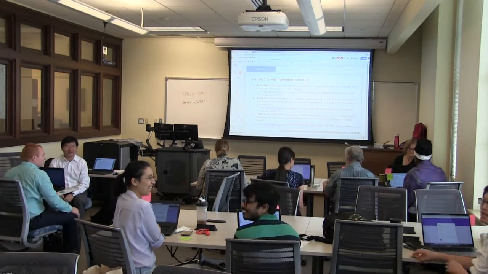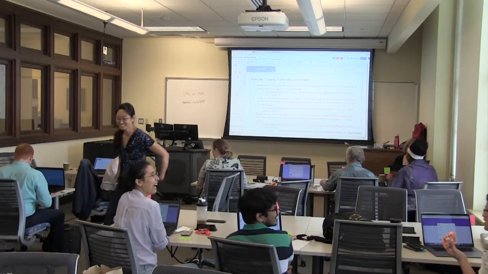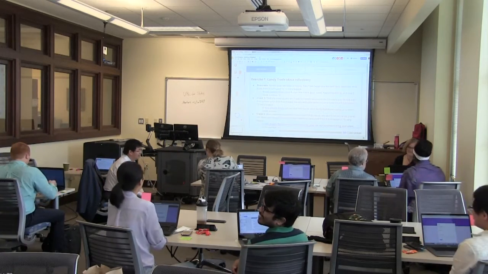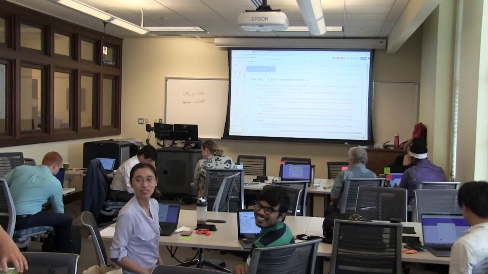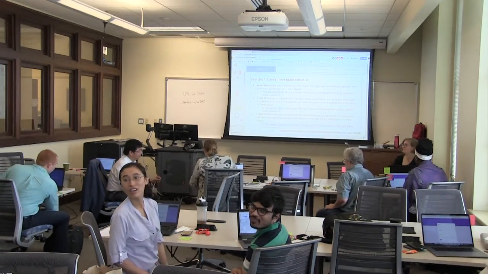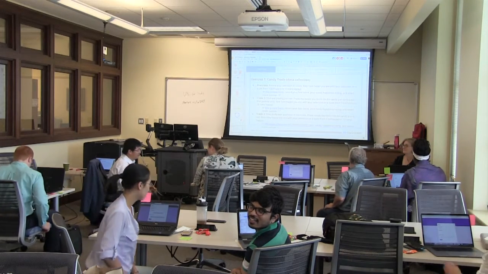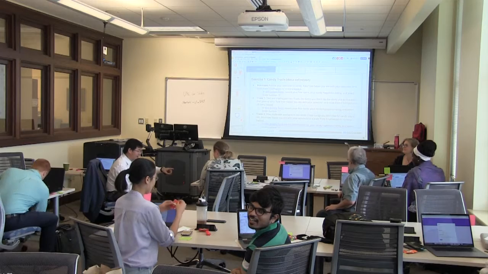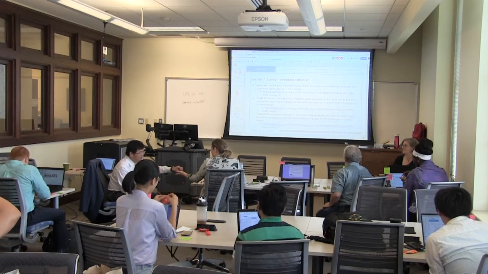I'll trade. Let me trade with you. Would you have chocolates? Yeah, I had some chocolate. What do you want? Maybe I'll try this one because I have two of these. Okay.